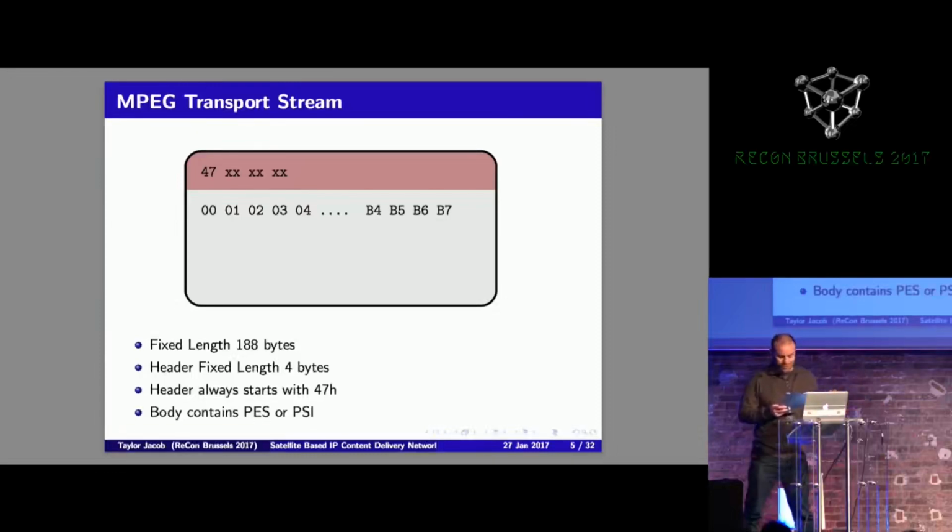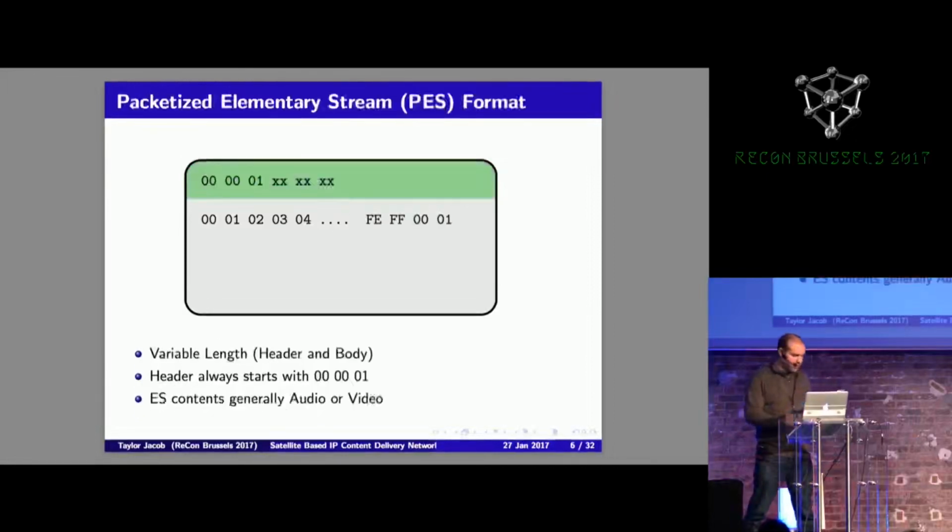That's what we call it in North America. So the set-top box would filter those specific PIDs and ignore everything else. And as far as encryption, DVB encryption will run on that 184-byte payload. It's just the generic 01 to B7 there in my diagram. And then the second part I need to cover is the packetized elementary stream and PSI data.